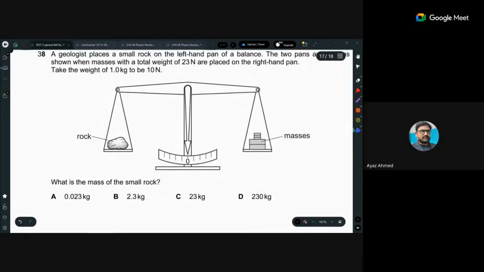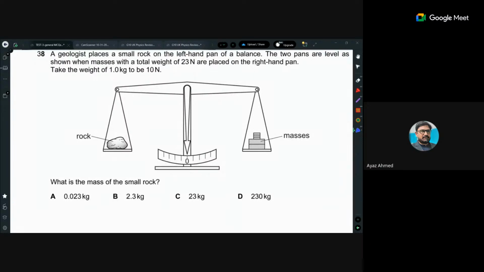38 में आप देखो, the geologist places a small rock on the left hand pan of the balance and 2 pens are levels as the stone, as shown, and the mass with the total weight of 23 Newton, ठीक है, are placed to the right hand. So that is 23 Newton, then it is balanced. ठीक है?